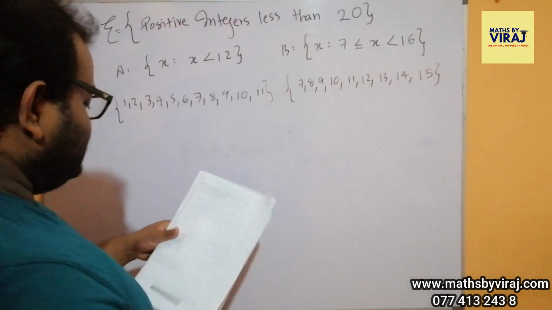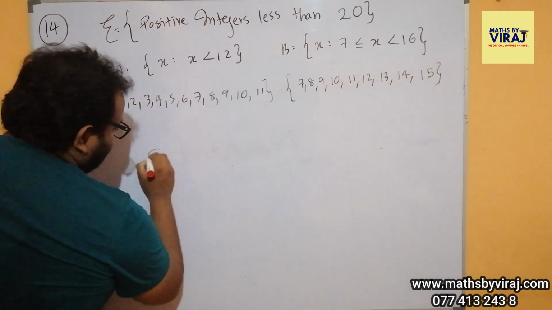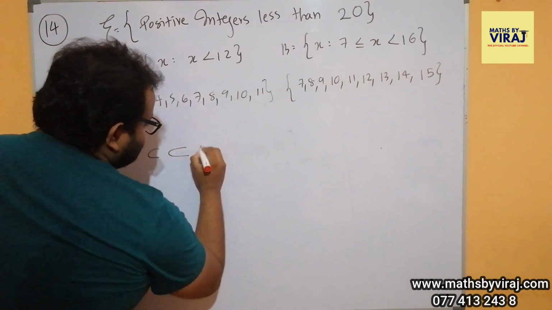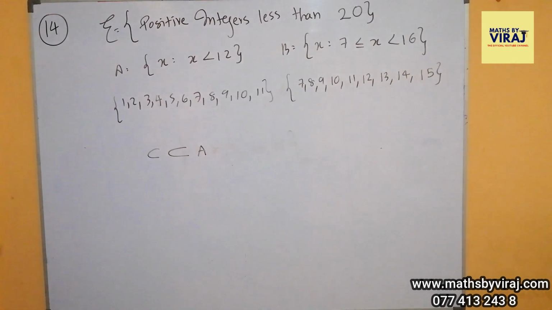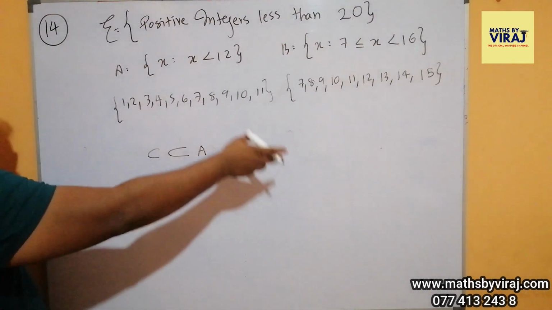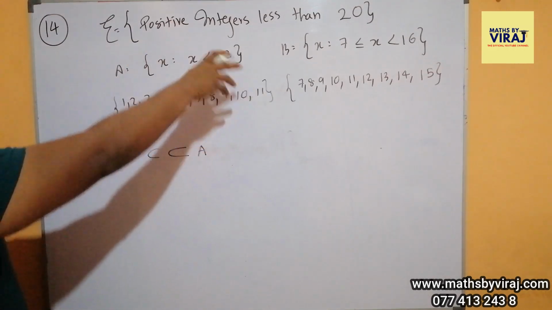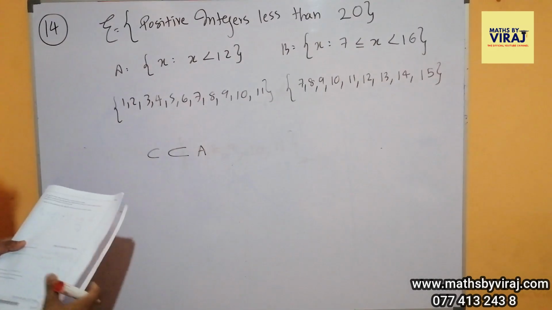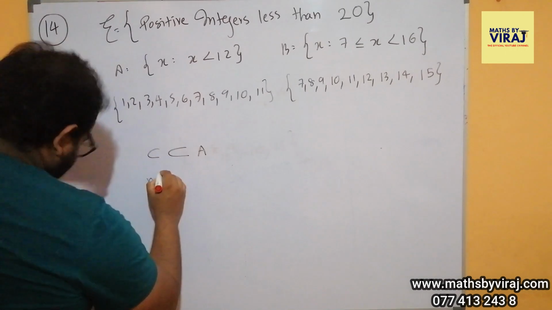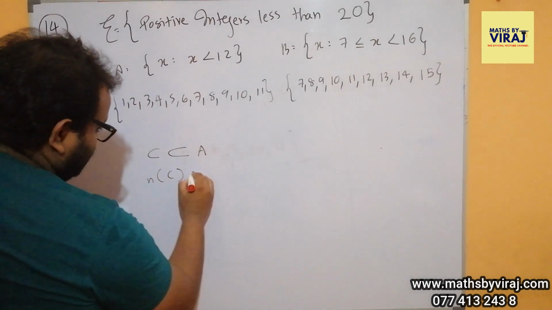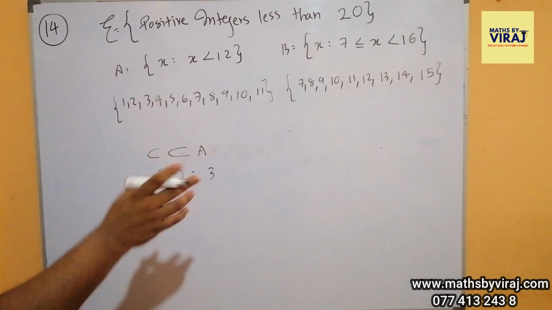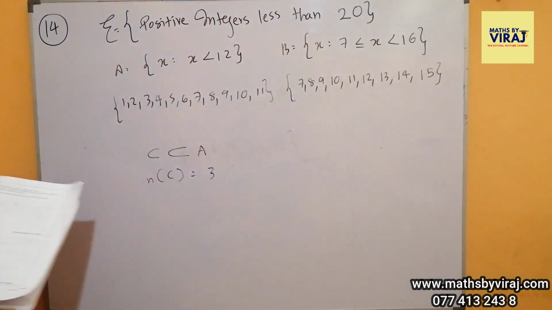Part B, C is a subset of A. That is, whatever values are in C, you already find them in set A. And they have given that n(C) is 3, that is, the total number of elements in set C is 3.